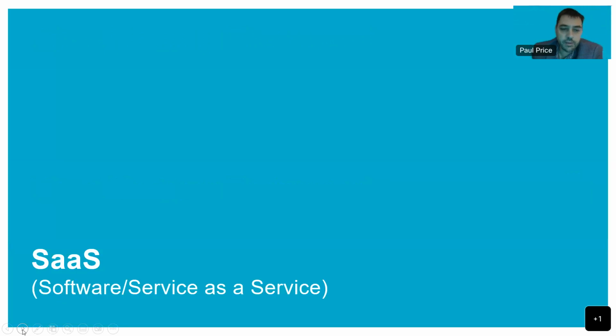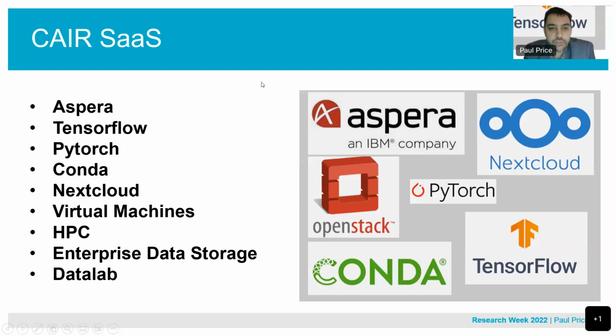So on the next slide, we talk about just a few services and software that we offer as a service to researchers. So Aspera, which is a high-speed transfer package from IBM.